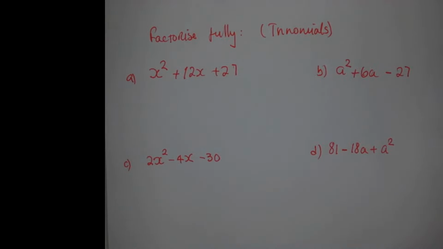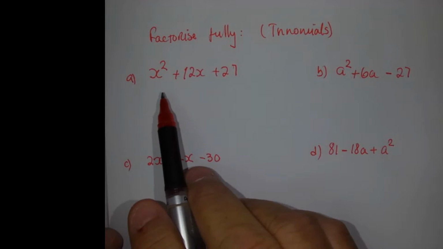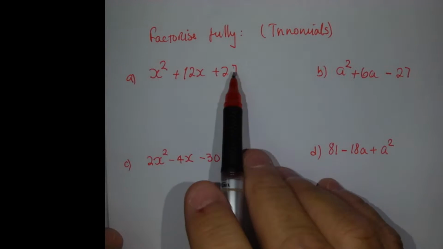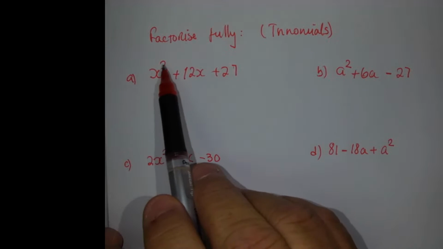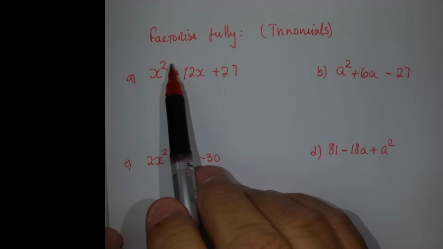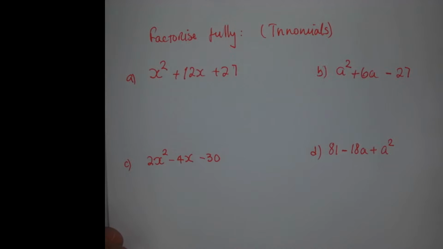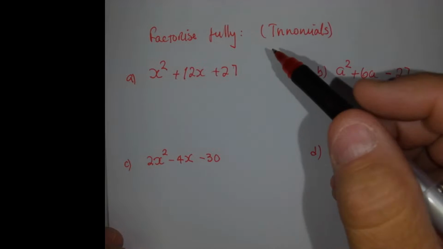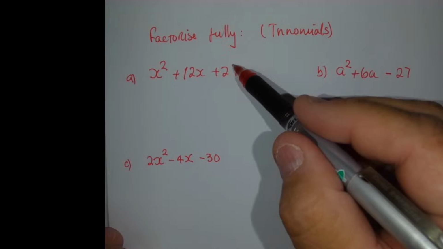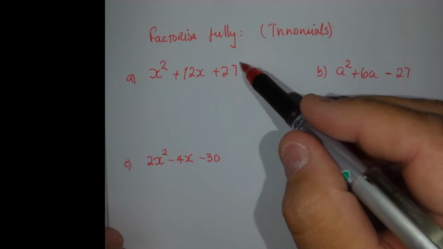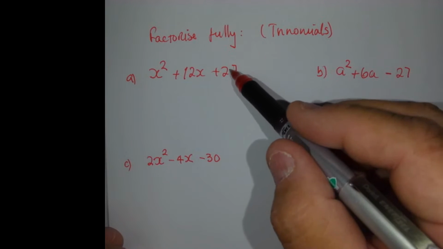Now I'm going to proceed to factorize these polynomials. Starting with the first trinomial, the first thing that I need to check, and remember that for the purpose of this course, is that the coefficient of the square term has to be 1. Once I've got that, then I know that I can factorize the expression. How am I going to do that? I'm going to take the last term and split it into a product of two terms in such a way that those terms add up to 12.